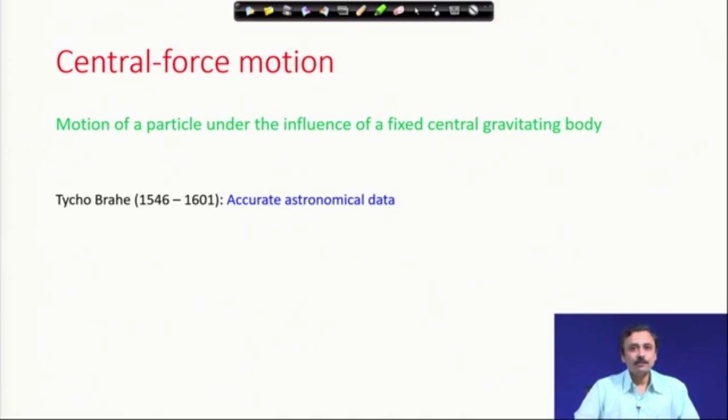He had his own observatory, and his data was very accurate. Therefore, he had this compilation of very accurate astronomical data, mostly motion of planets and natural satellites possibly.